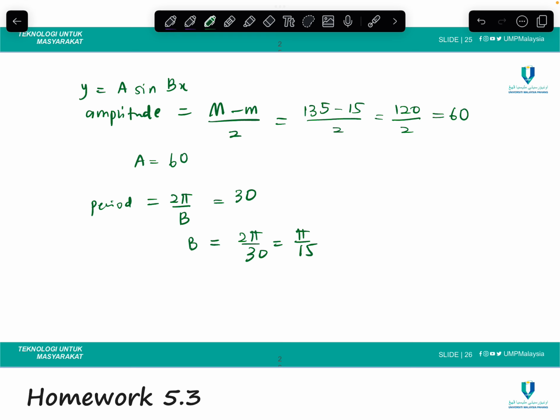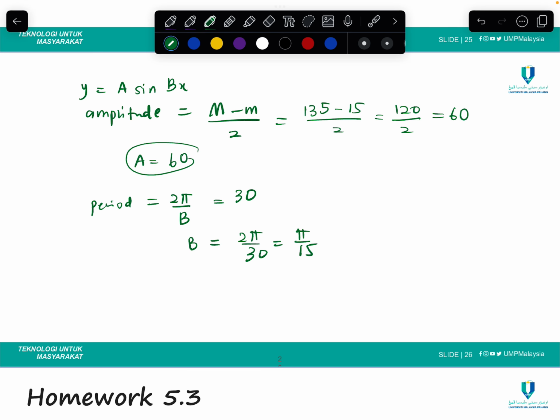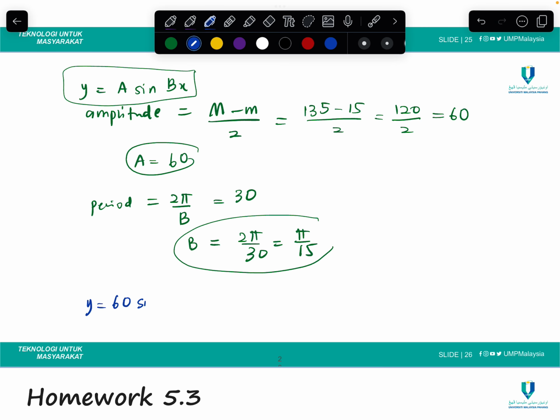Now you know your A and also your B. You can plug into the formula. Your y is 60 sine pi over 15 x. So that is our current formulation.